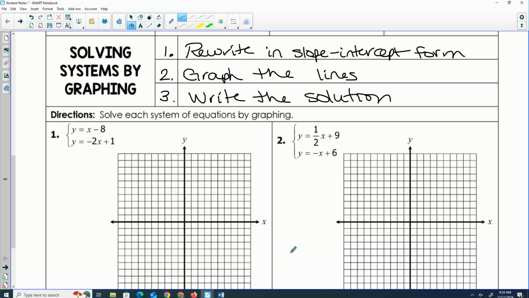We have rewritten our equations in y equals mx plus b form before. We have graphed lines before. So the only new thing is we're graphing two lines and then writing the point where they meet.